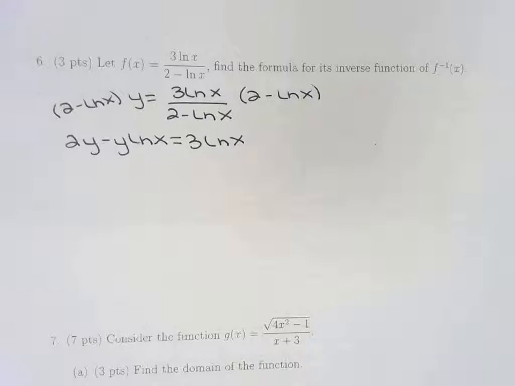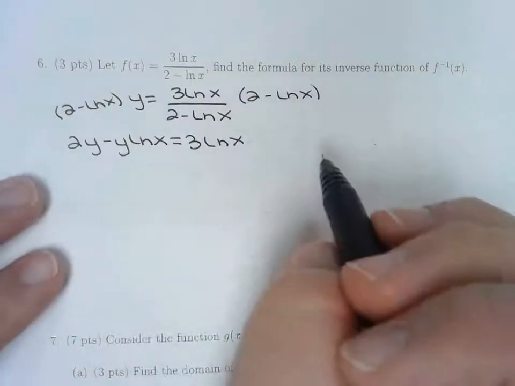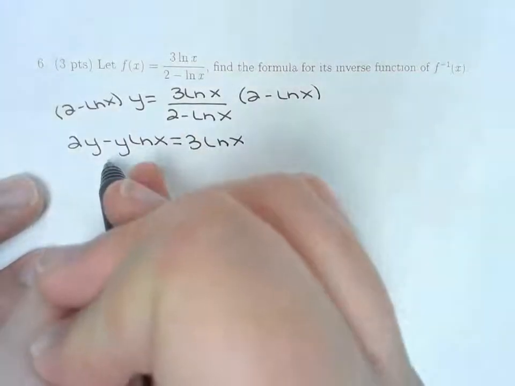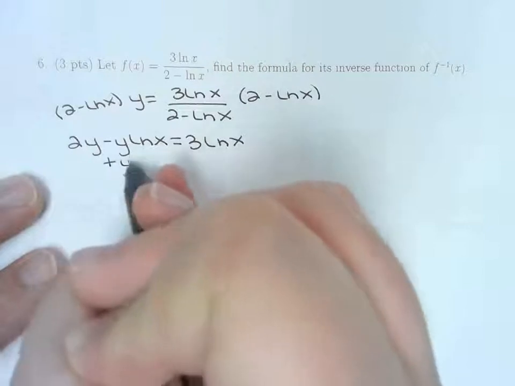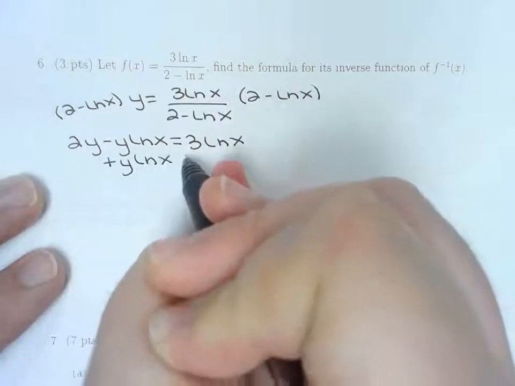Thoughts? My x's are both with the ln. Make it the exponent, and then possibly eventually. Shouldn't you just add and divide both sides by 2, and then take out an ln x? Yes. So I'm going to add y ln of x to both sides.